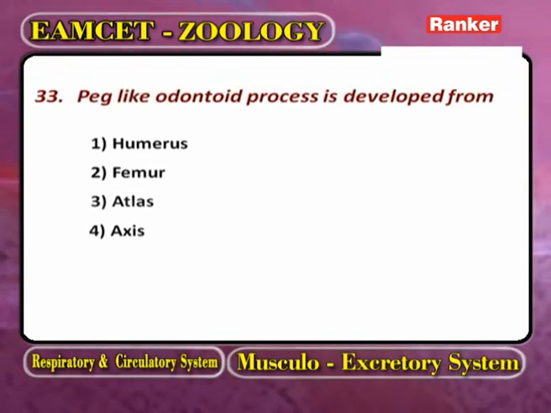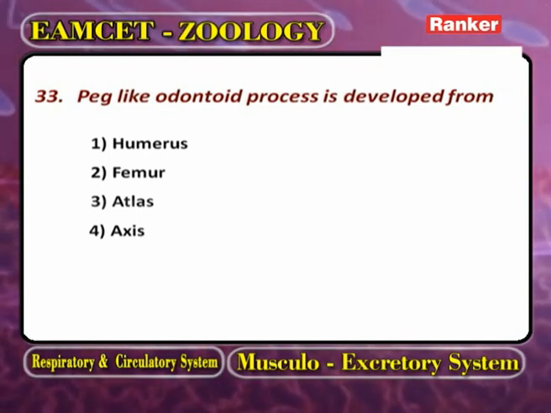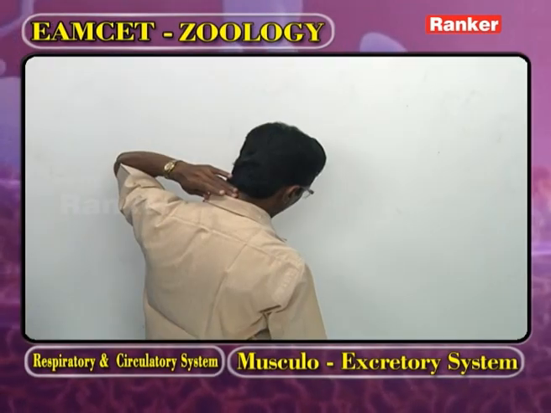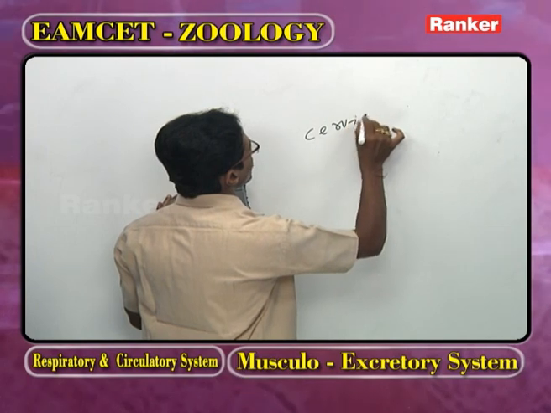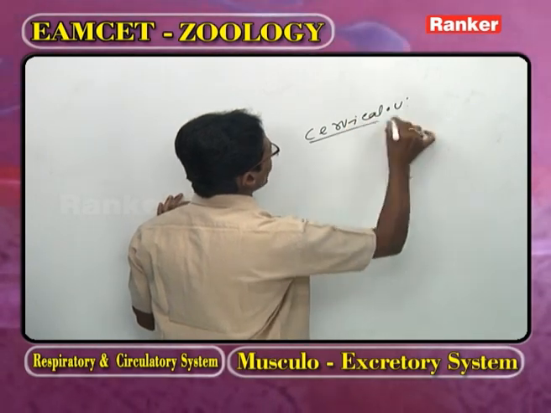Peg-like odontoid process is developed from. Now as we observe the neck region, in the neck region the vertebrae are called cervical vertebrae.